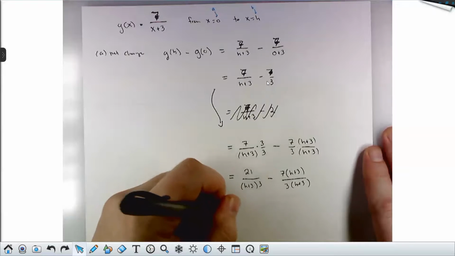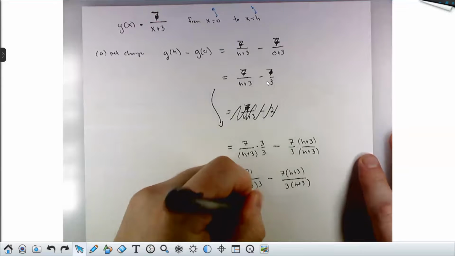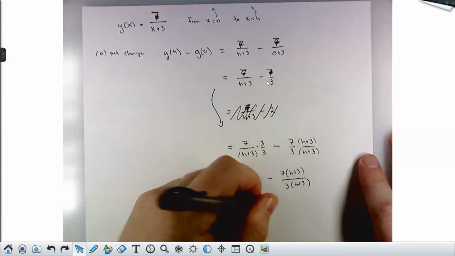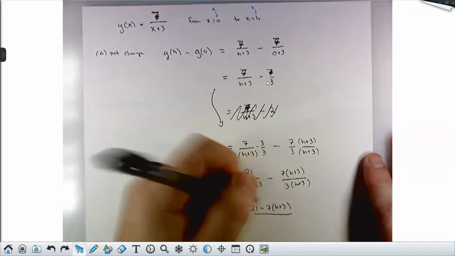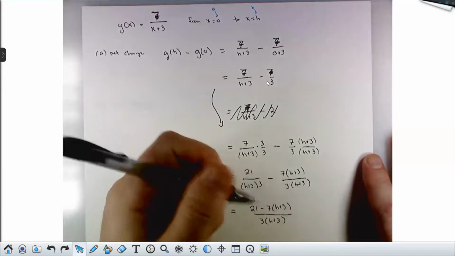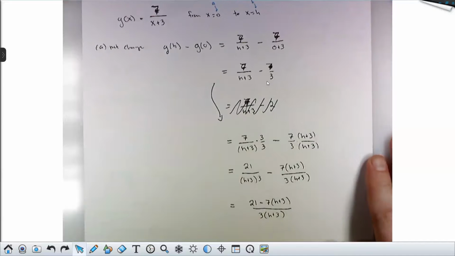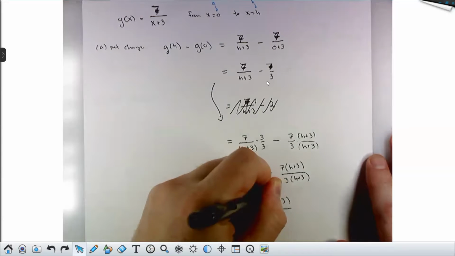Now that those denominators are the same, we can subtract the tops. So this is 21 minus 7 times parentheses h plus 3, all over 3 times h plus 3. You can write the multiplication in either order. Then I would distribute this 7.